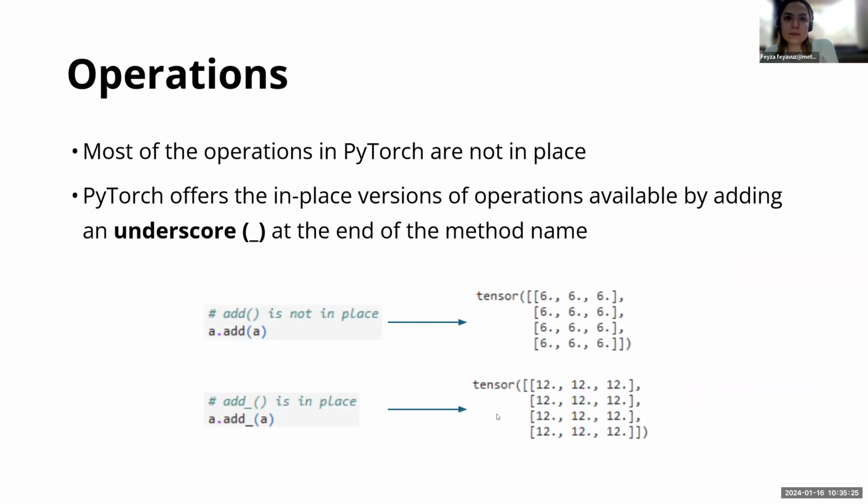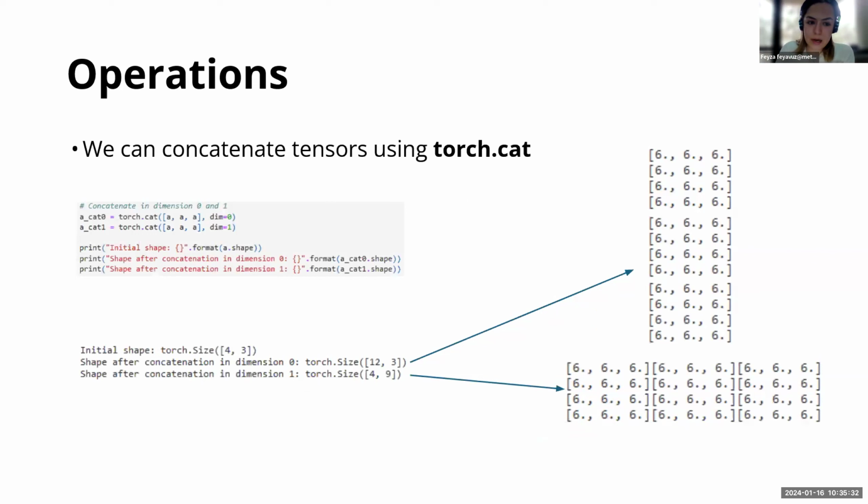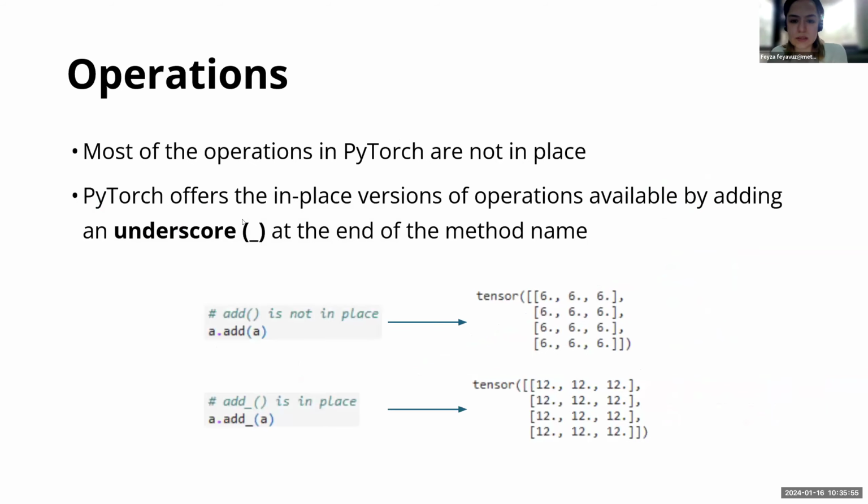And the important aspect of these operations is that they are not in place. So for example, if we are using torch.cat of A, A, A on dimension 0, and we did not assign it to another variable called, for example, A_cat_0, we actually do not keep the result of this operation.